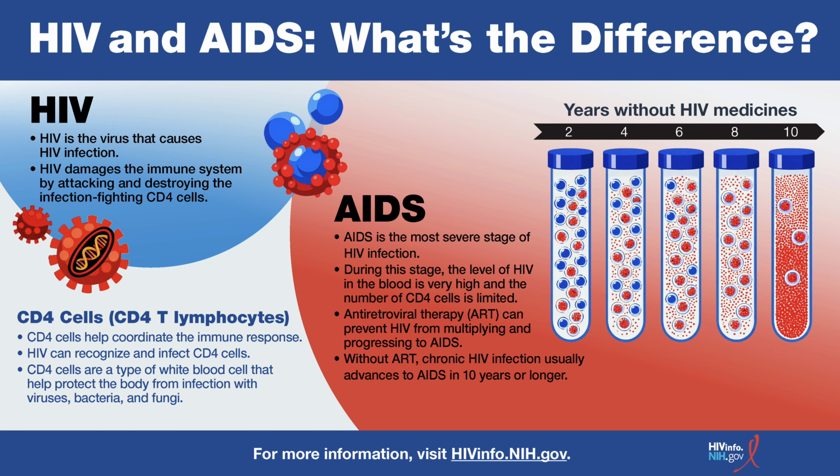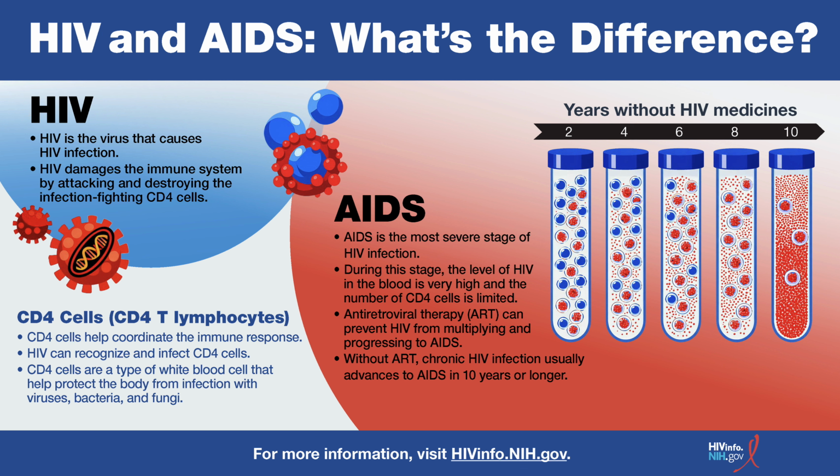So as a virus progresses from HIV to AIDS, they are two different things. With HIV, you can take antiretroviral therapy, ART, and control the HIV and control the spread of HIV, even becoming undetectable via our common lab tests.